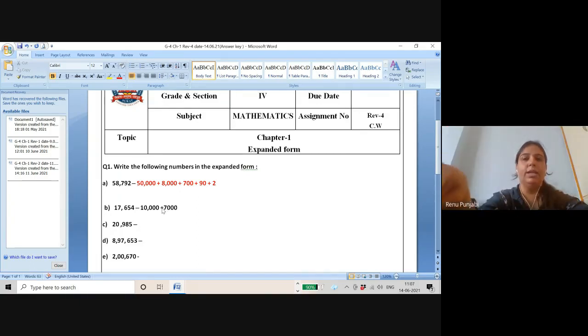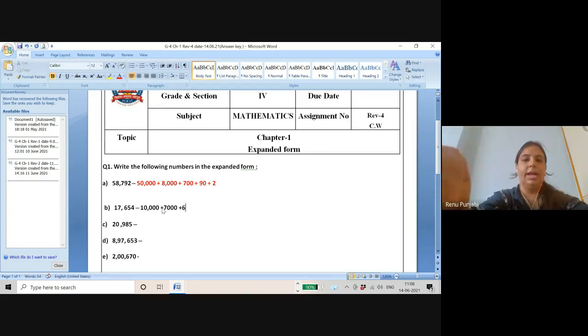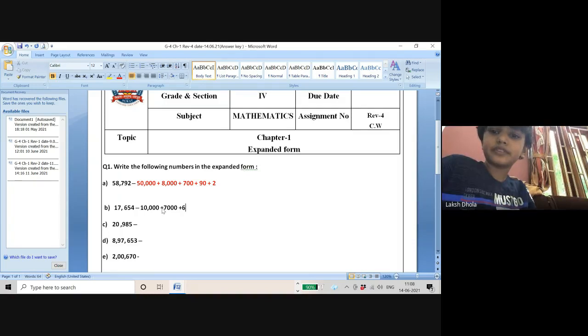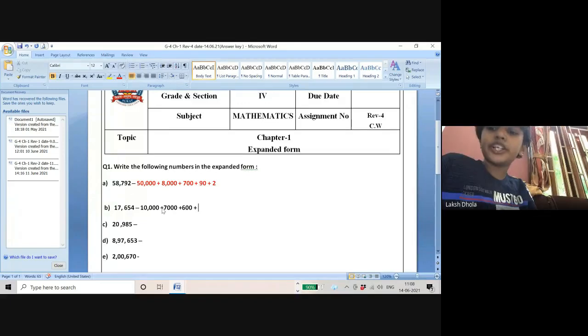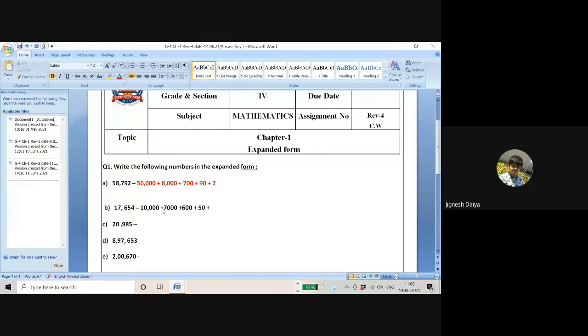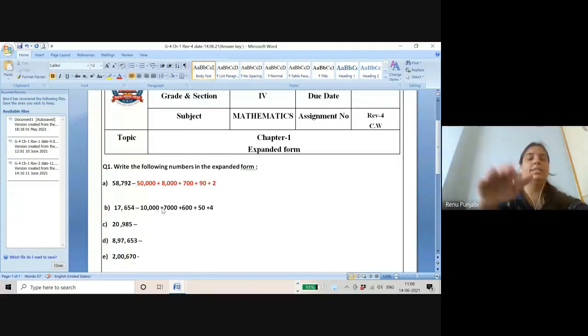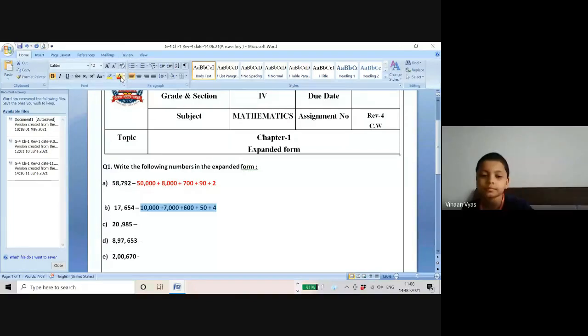What is the place value of 6? 600. Yes. What is the place value of 5? 50. What is the place value of 4? Only 4, since it is once. So only 4 will come. Children, is it clear? Yes, ma'am. Please copy it down.